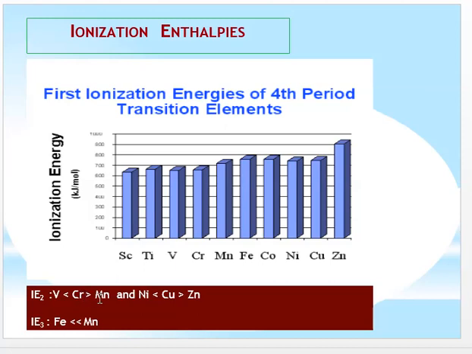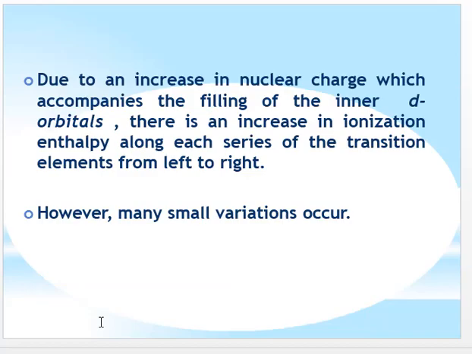Chromium has more than manganese and more than vanadium. And copper has more ionization enthalpy than zinc and more than nickel. For the third ionization energy, manganese has more ionization enthalpy than iron.